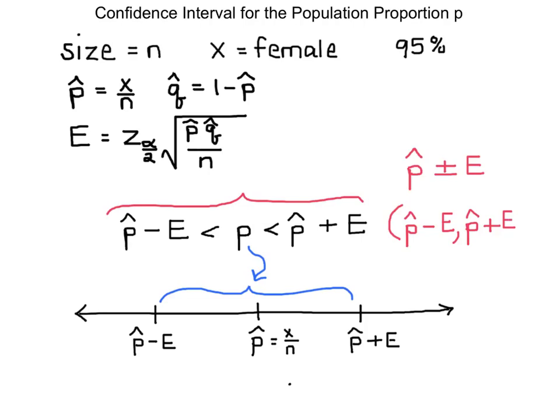So I've just given you 3 ways to write this. We can write it as an inequality, which is set notation, we can write it in interval notation, or we can just say p hat plus or minus our margin of error. And that is our confidence interval.